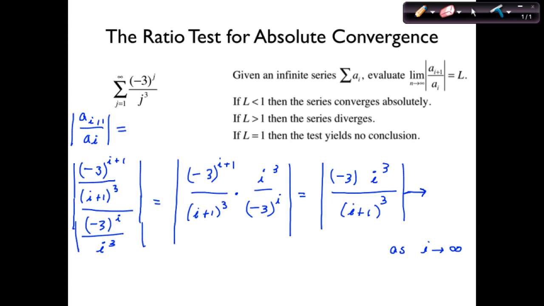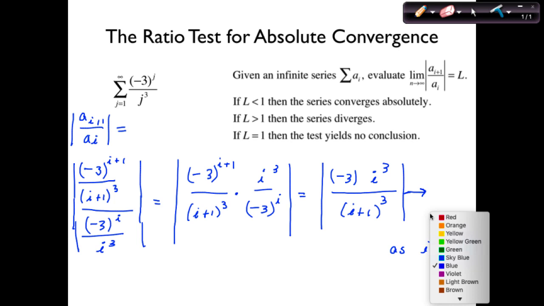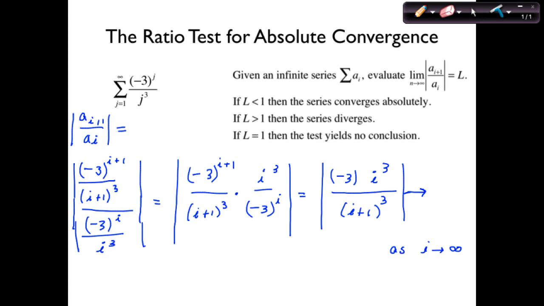So this is our rational function, right? This is where we compare the degrees of the numerator and denominator. And how do they compare? So we're asking what's the limit of this, or what happens to this as i gets big?